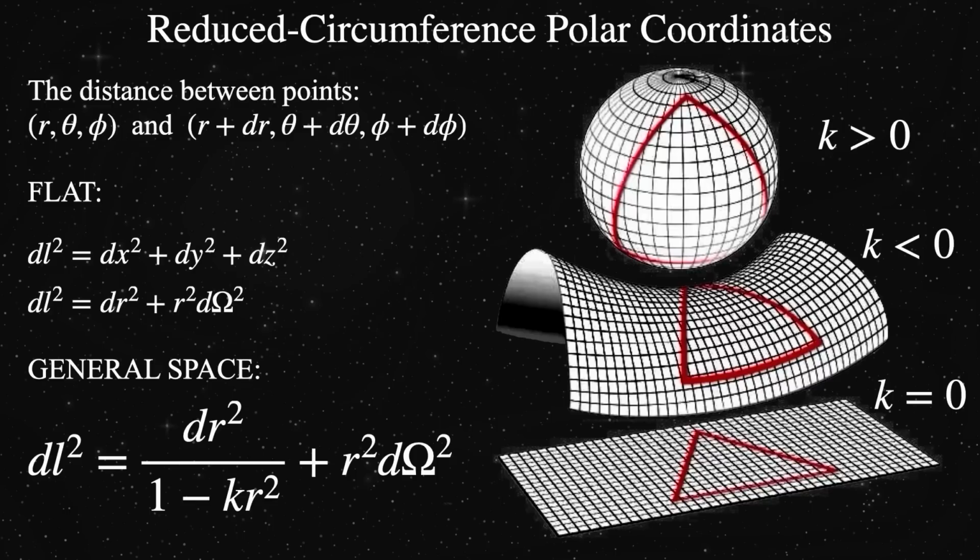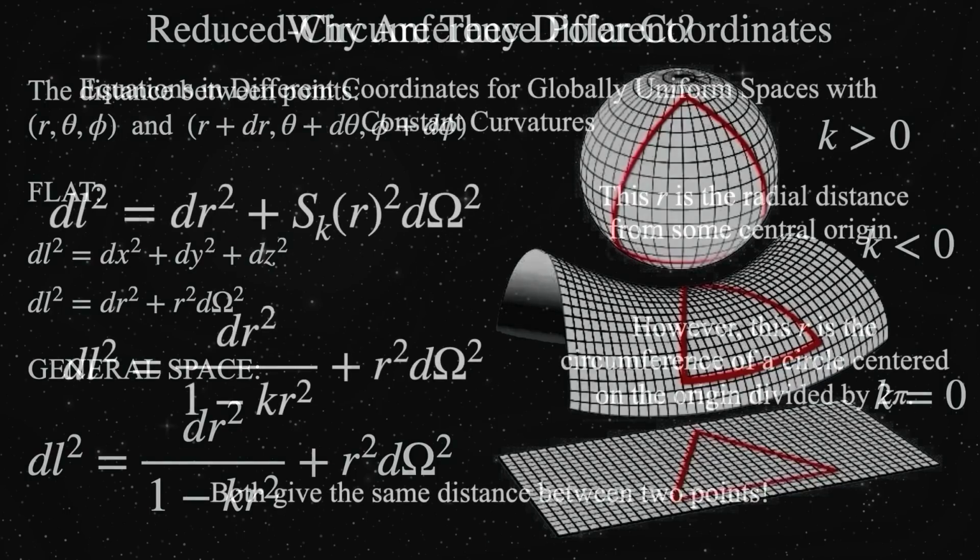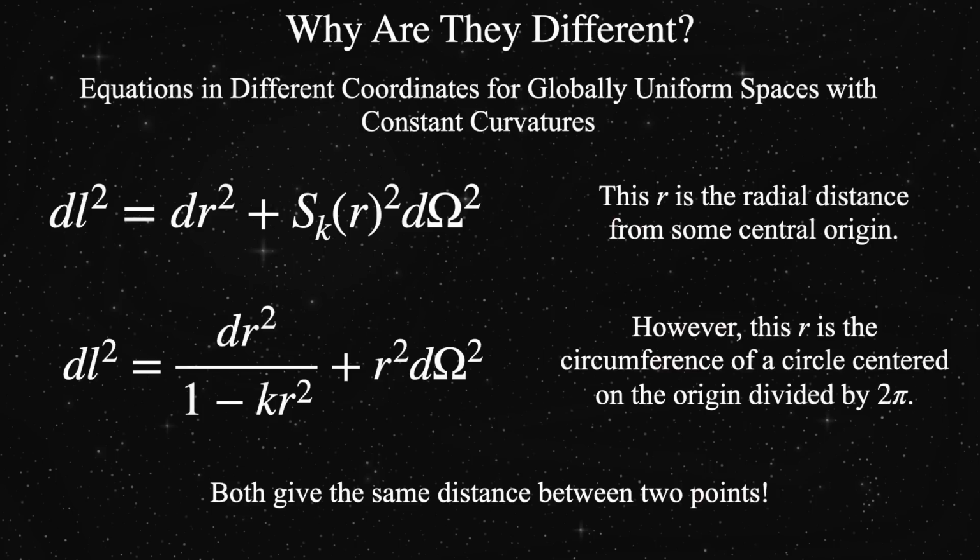So what is this new r? Here is our metric expressed in two different coordinate systems. The top one is the hyperspherical coordinates, and the bottom one is the reduced circumference polar coordinates. The omega is the same in both cases. This is because of the inherent isotropy of these constant curvature spaces. In the hyperspherical coordinate system, little r is what you would normally think of as a radial coordinate.